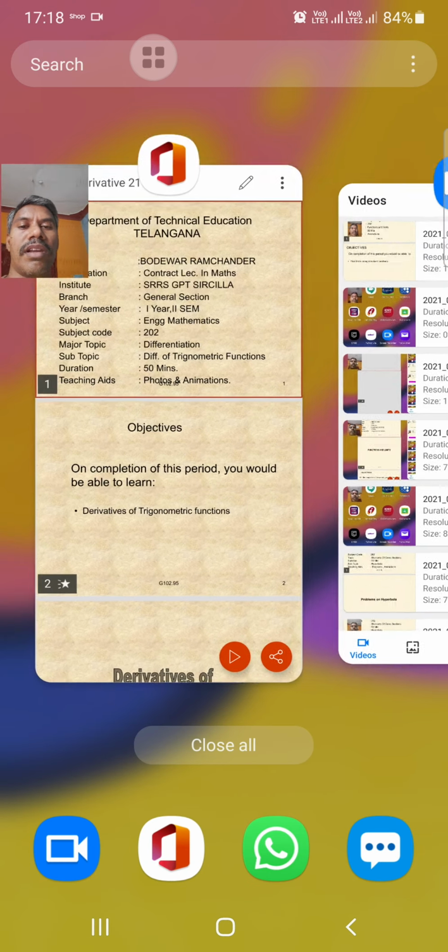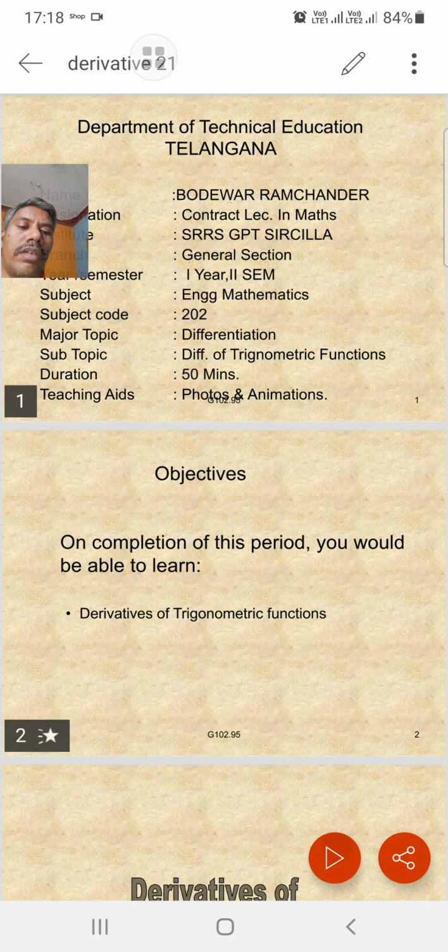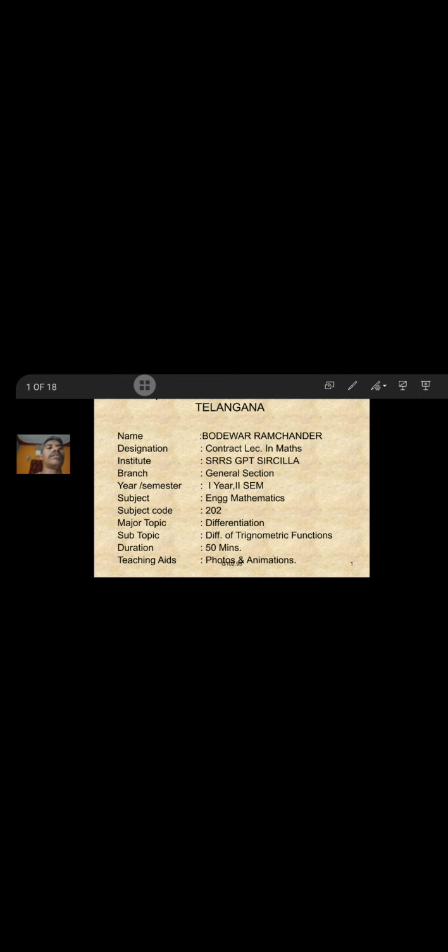In previous class, we discussed differentiation. We learned how differentiation comes, what the basis for differentiation is, and we proved some formulas, or we say standard forms.